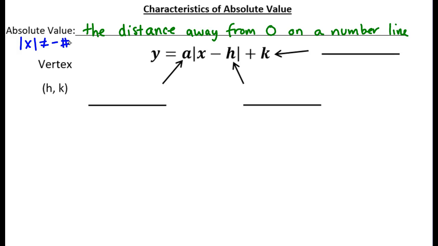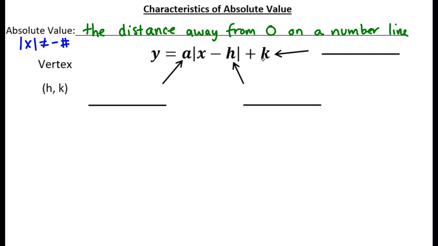So the standard form of an absolute value function is y equals a multiplied with the absolute value of x minus h plus k at the end. And I'm going to briefly describe what a, h, and k are in relation to the absolute value function.